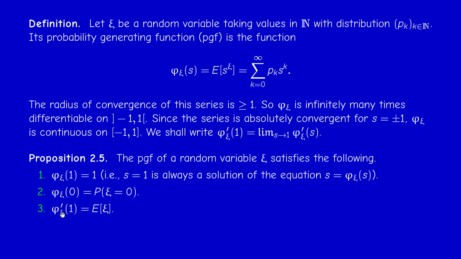And that's it. So phi_xi prime actually is the expectation. This is not difficult to see. And this expectation could be infinity, actually. So this is just a number between 0 and infinity.